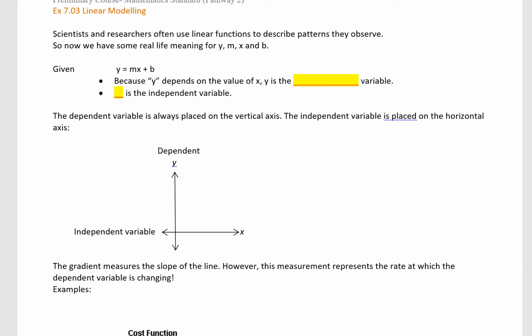You have to read the words and comprehend them and make sense of the situation. Okay, so like I've said, scientists and researchers often use linear functions to describe patterns, relationships, things that they're observing. So we have real life meaning for what y represents, what m, or the gradient, is measuring, what x represents, and what b also measures.